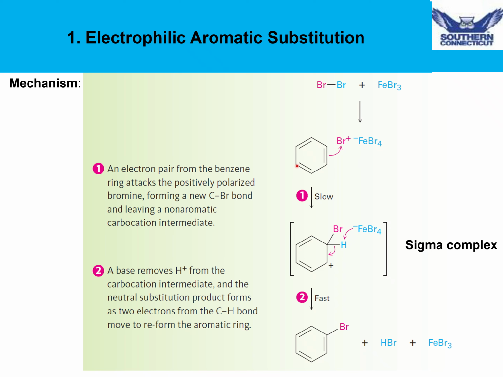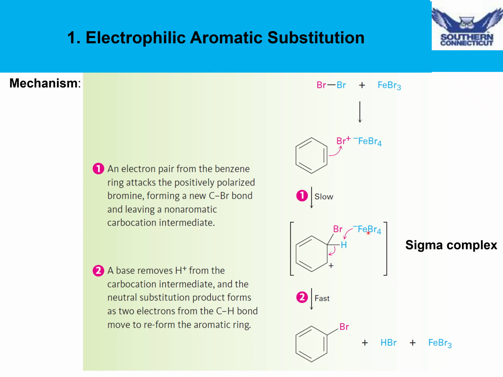The aromatic ring is electron rich, so it will attack that electrophile to form the sigma complex. Note that one of the carbons of the double bond will have a new bond to bromine, the other carbon will have a carbocation.